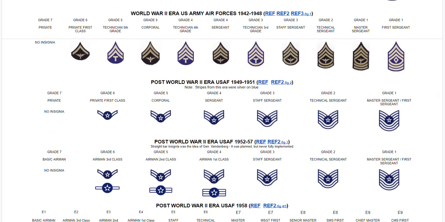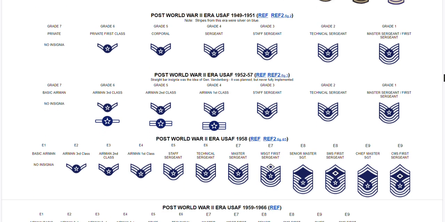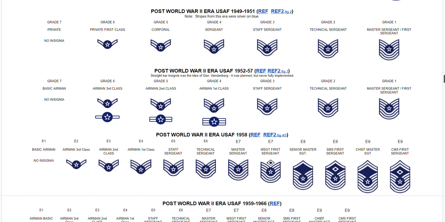But then in 1949, after World War II was over, the Air Force is actually born, and when it's first born, they decide that they need to have their own insignia, their own stripes. But they do keep some of the rank titles as a holdover from when they were part of the Army.